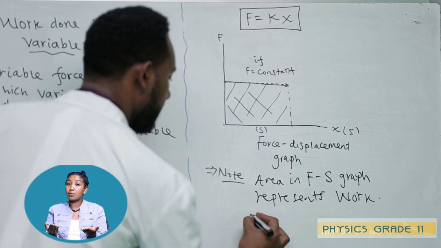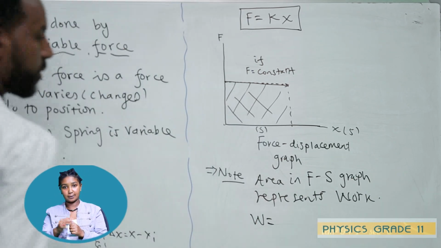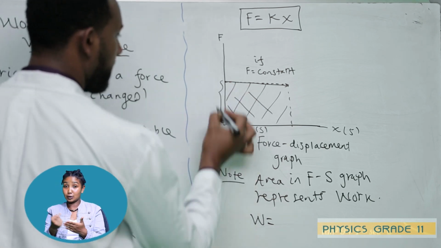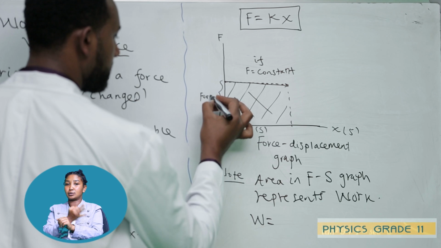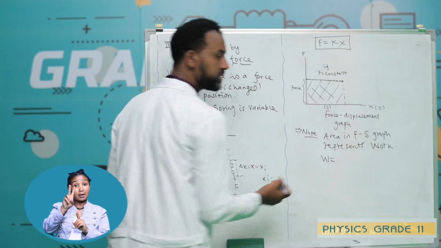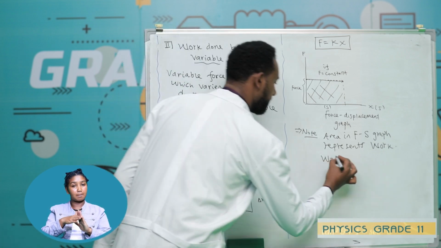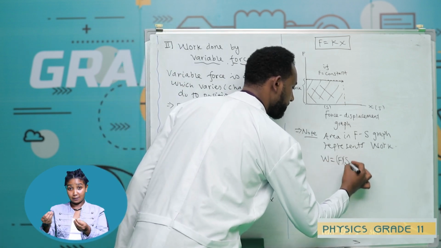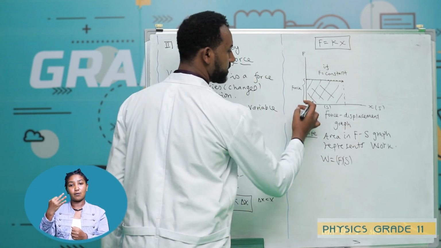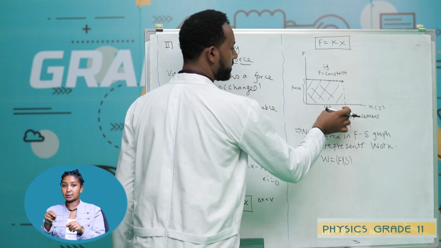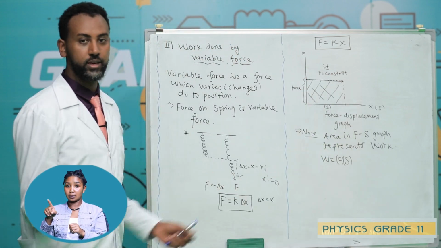How? We know that work is the product of force and displacement. Therefore, this vertical line represents force, and the horizontal line represents displacement. Force times displacement: you can take it as width and length, and the product of width and length is area.